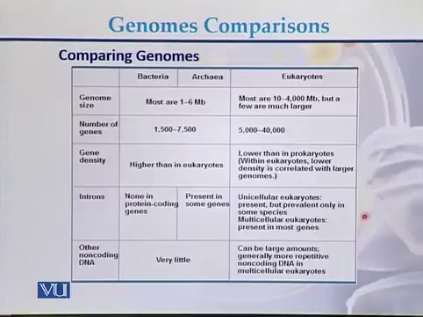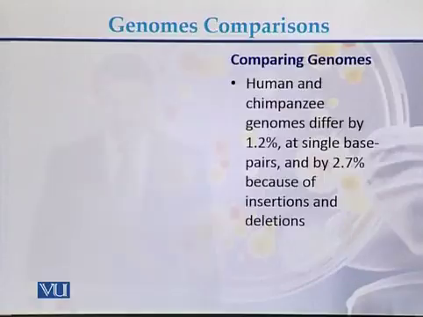So this is a comparison of the genomes considering the size of the genome, the number of genes present on the genome, gene density, introns, and other non-coding DNA in prokaryotes and eukaryotes.